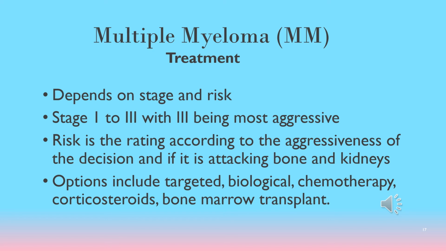Risk is the rating, according to that aggressiveness, on a decision on how to attack it. And if it's already attacking bones and the kidneys, options are going to depend on where all it's already hit and what other areas that it is going to be looking at targeting.